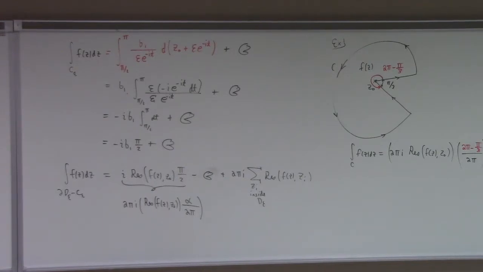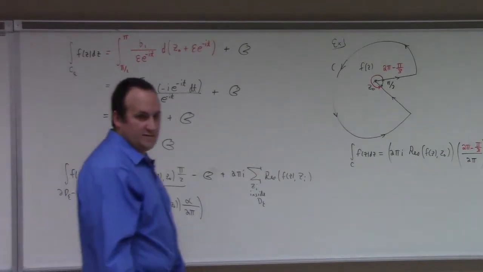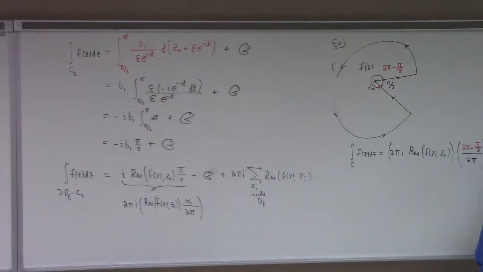Maybe we need to look at some more examples. If the singularity is here, then we imagine bubbling it like that. So here alpha would be equal to pi. If the singularity was just on a corner like this, then again alpha equals pi over 2.